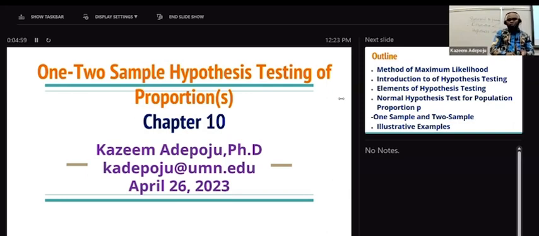Why do I need to construct an interval? Why do I need to do interval estimation? Of course, I need to do interval estimation because a single value could be wrong or right. When you have a point estimate, it is a single value. It could be wrong or right. We don't want to waste resources.